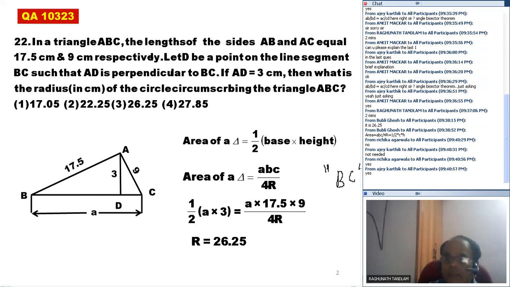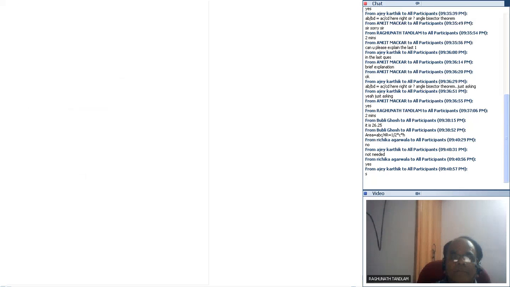What I said was, if two sides are given, let's say if I'm given this side and this side, we'll go to the whiteboard. I have two sides here, 10, 12. Perpendicular is given as 5. Can I find the circumradius?